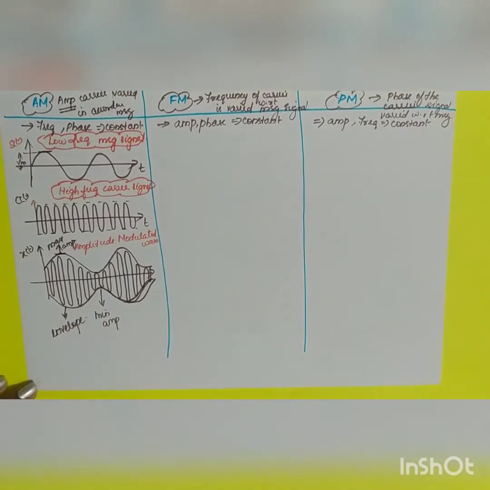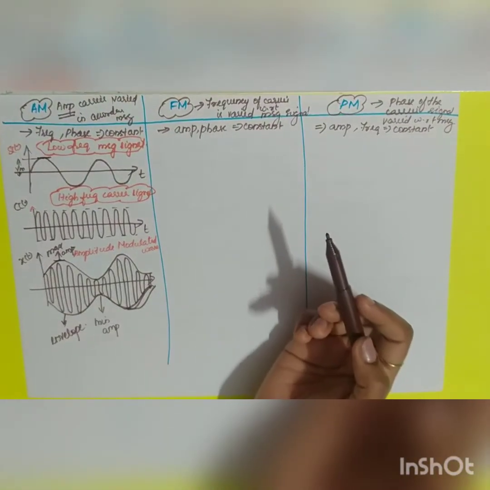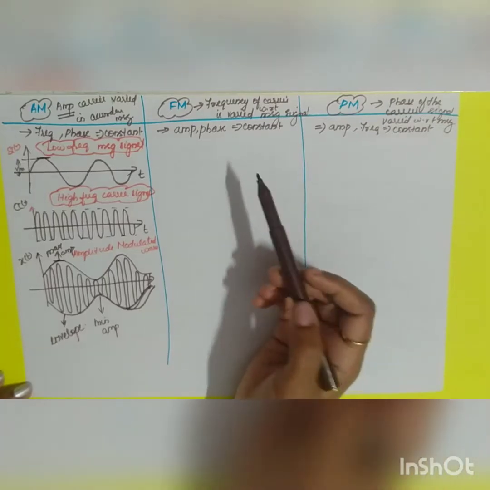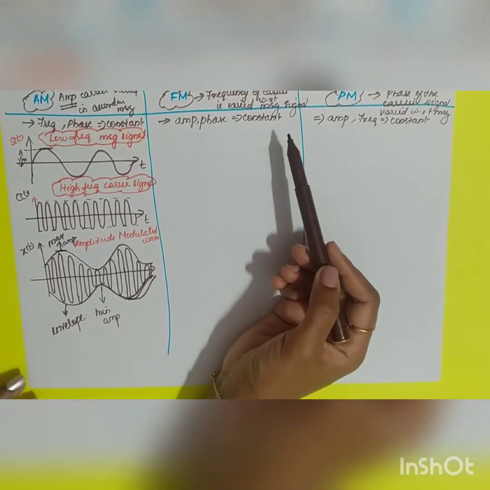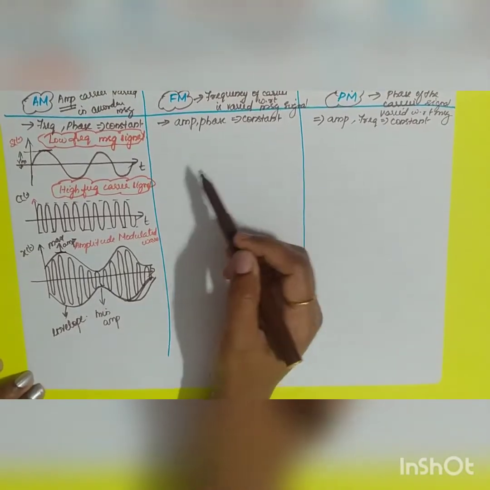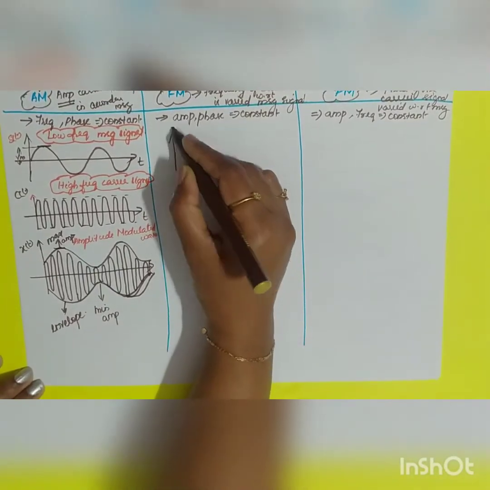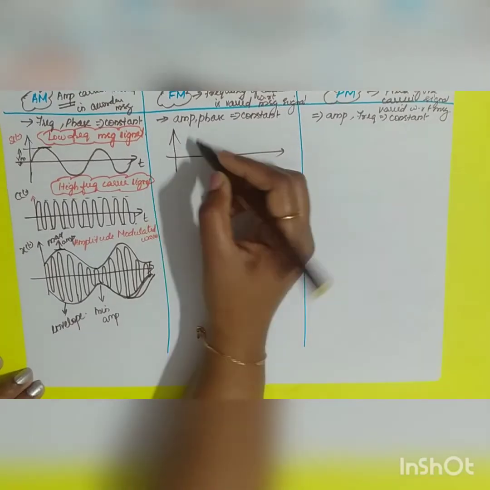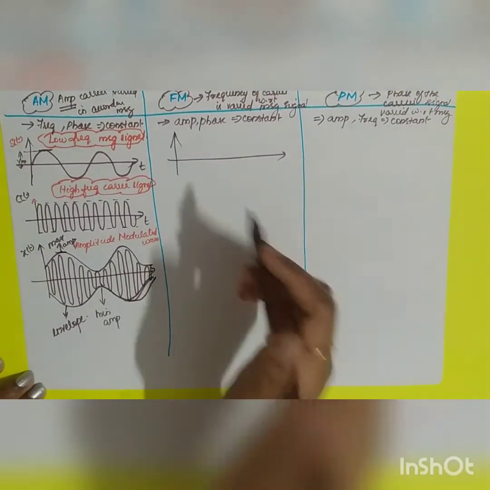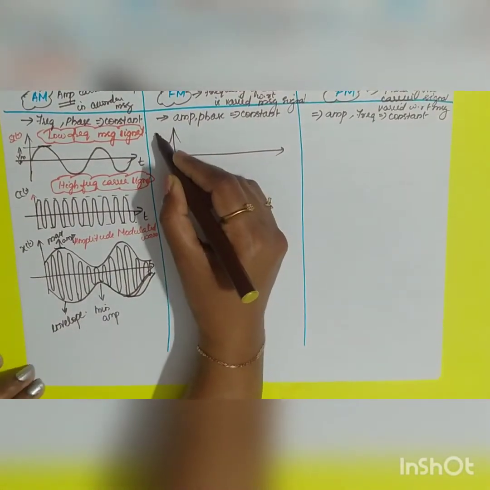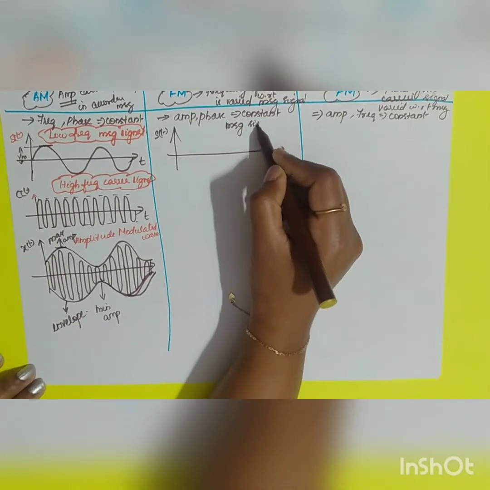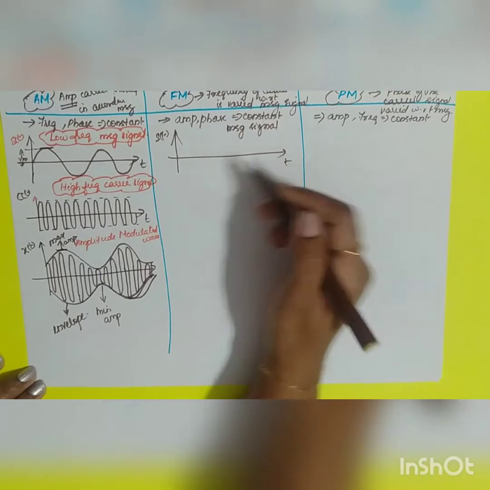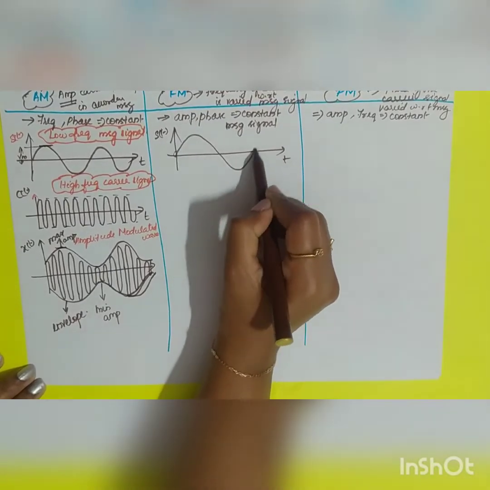The next type is frequency modulation. As we have mentioned before, the frequency of the carrier wave is varied in accordance with your message signal. If we draw the diagram, the first one is your message signal, which is a low frequency signal.